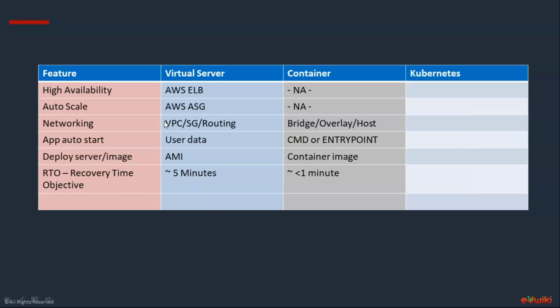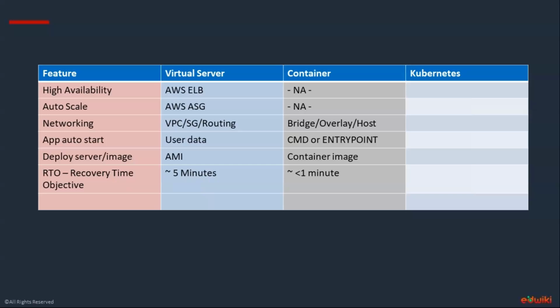Usually when you are running an application, the application would need high availability, auto scalability, and some networking configuration. Your application has to be started automatically, and the application or the server has to be deployed to run the application.